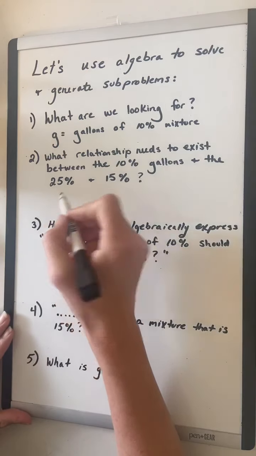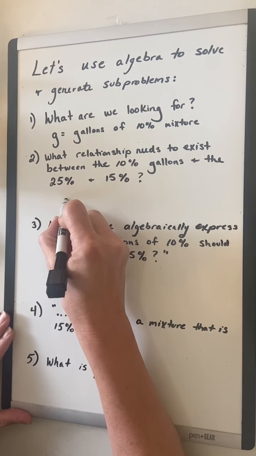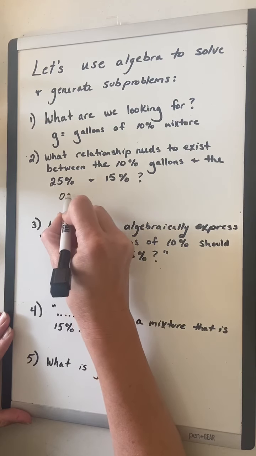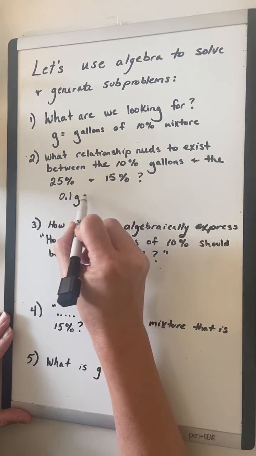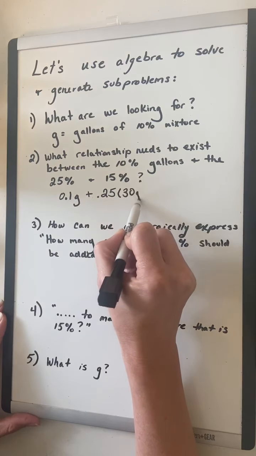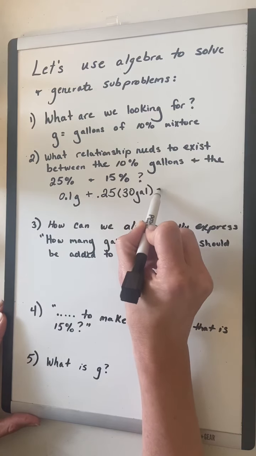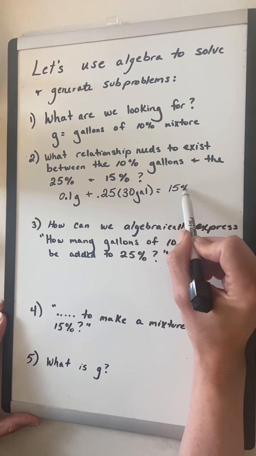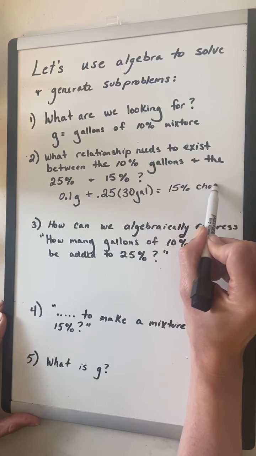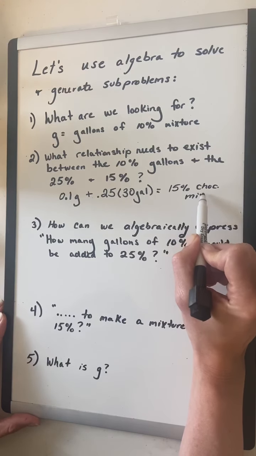So we're going to be taking an amount of chocolate, which we're figuring out for this 10% mixture, which we would represent as 0.1 G, and we're adding that to the 25% mixture, which we already know exists. We have 25% of 30 gallons because we're given a certain amount of that. And that needs to produce an overall 15% chocolate mixture. I'm just going to put 15% chocolate mixture here, but that's the overall relationship that we're looking for.